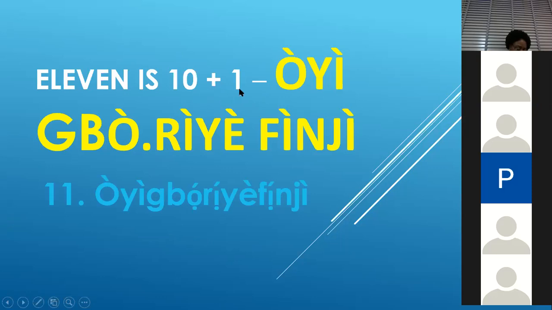Auntie Vivian, you know why you put Finji at the end? Any idea? Like we say Oyi, Boriye, Finji, what does it mean? Is it 10 opening 1? I think it's one opening 10. Yes. Okay, Borie is one, isn't it? Yes, Borie is 1, Finji means open. So I'm just wondering if there's any other meaning for Finji here.